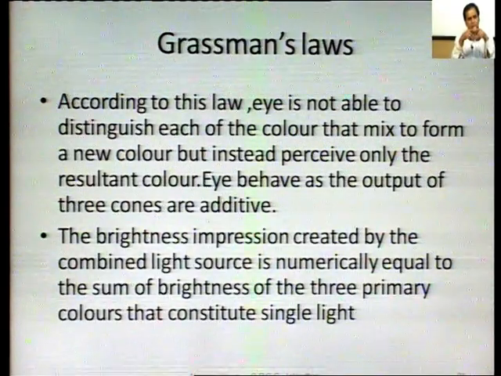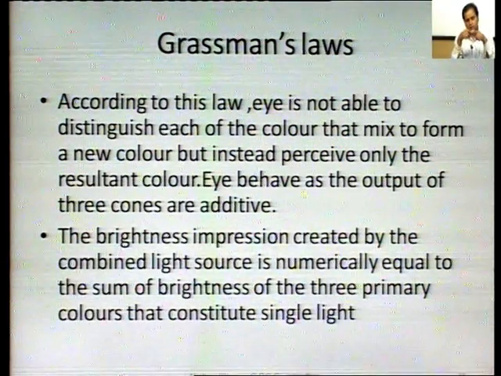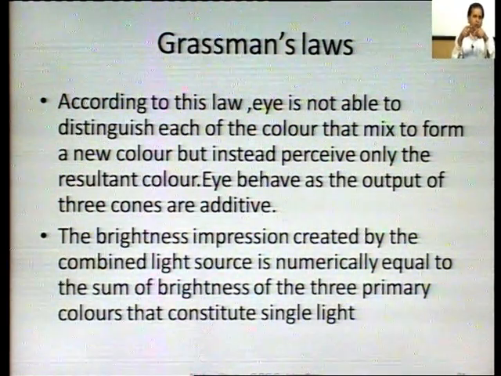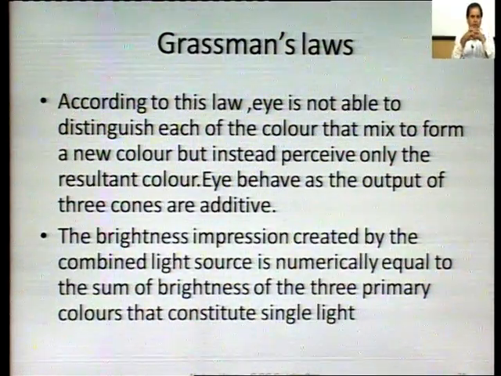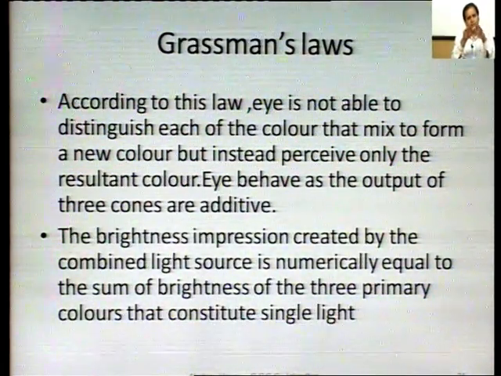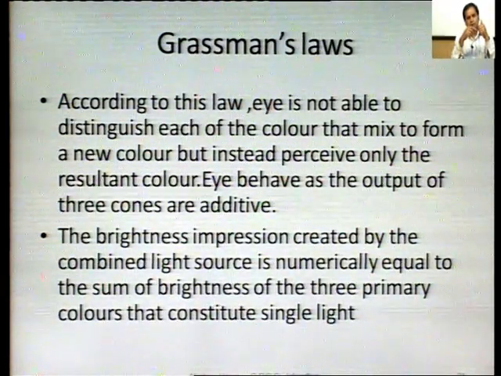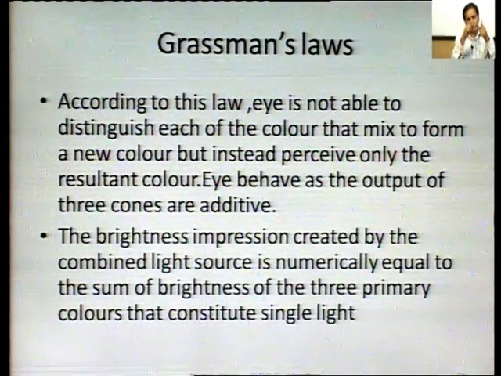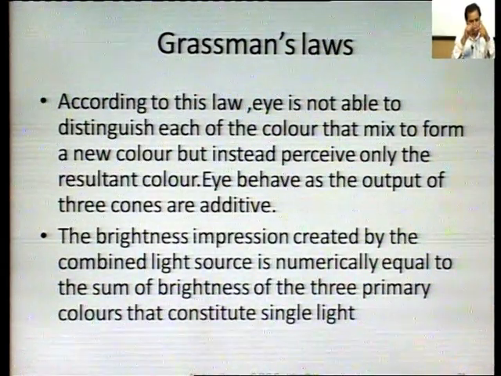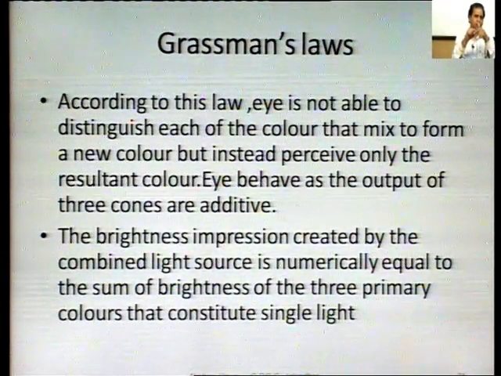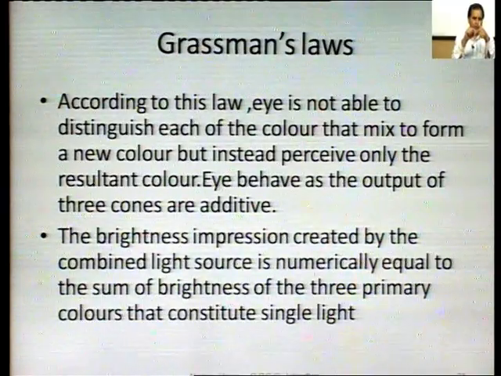It depends upon the brightness of the individual primary colors. When two or three primary colors are mixed, then according to Grassmann's law, the brightness of the resultant color will be the numerical addition of the brightness of the individual primary colors.